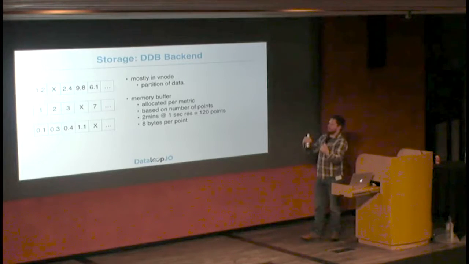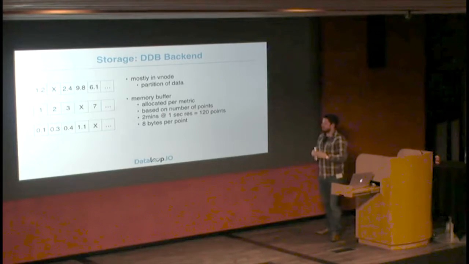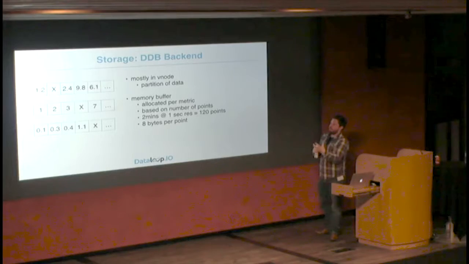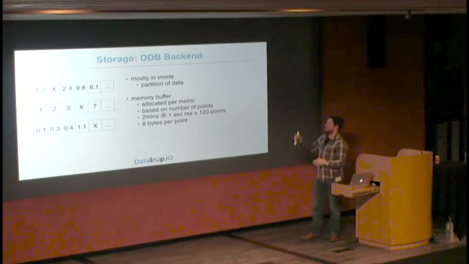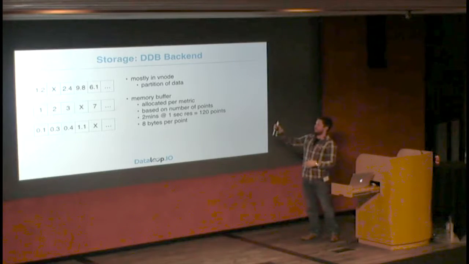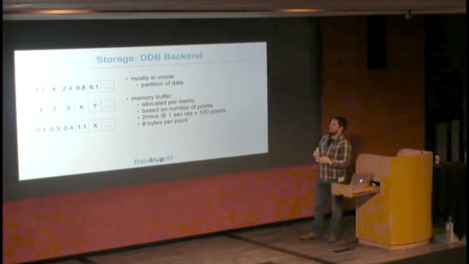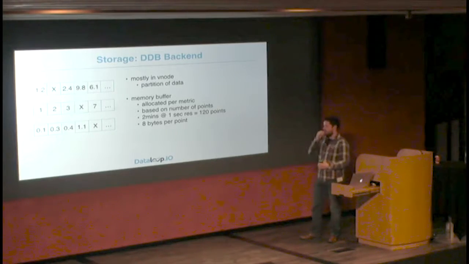That buffer is based on a number of points. Based on the buckets you're using, you'll specify what resolution you want to store that data at. So for instance, if you wanted to store a 1 second resolution of the data, and you want to keep 2 minutes in memory buffered, then you'd specify you want 120 points there.